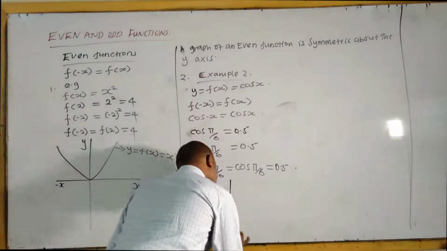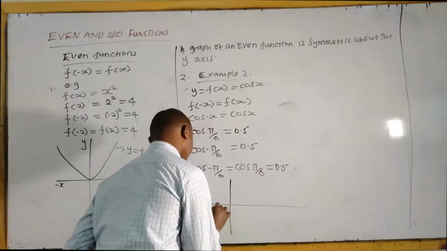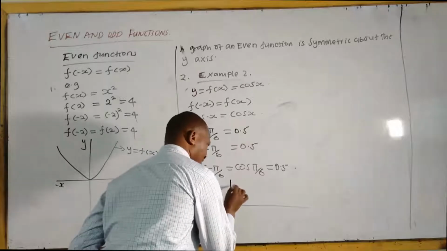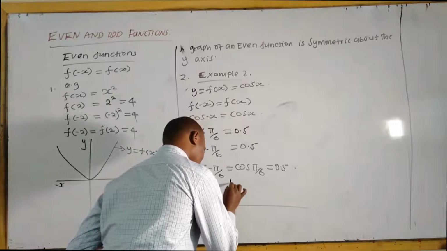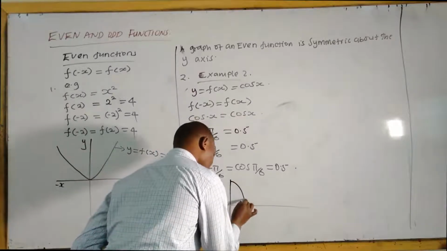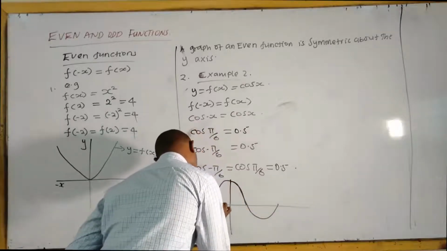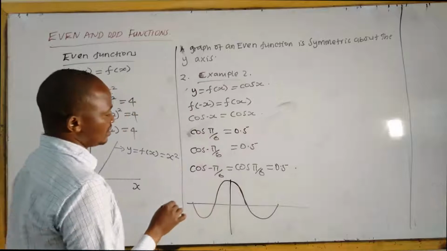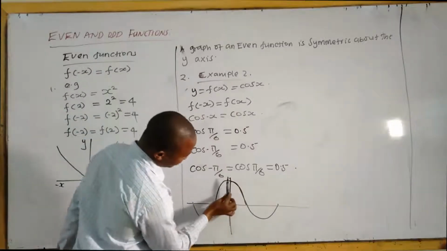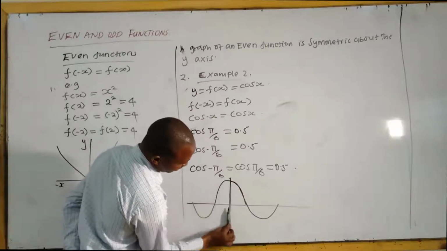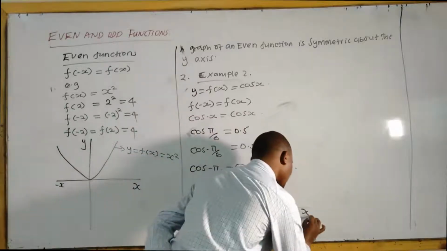We can illustrate in a graph here. Cosine of 0 is 1, so the curve will be something of the sort. This is the y-axis, the x-axis.